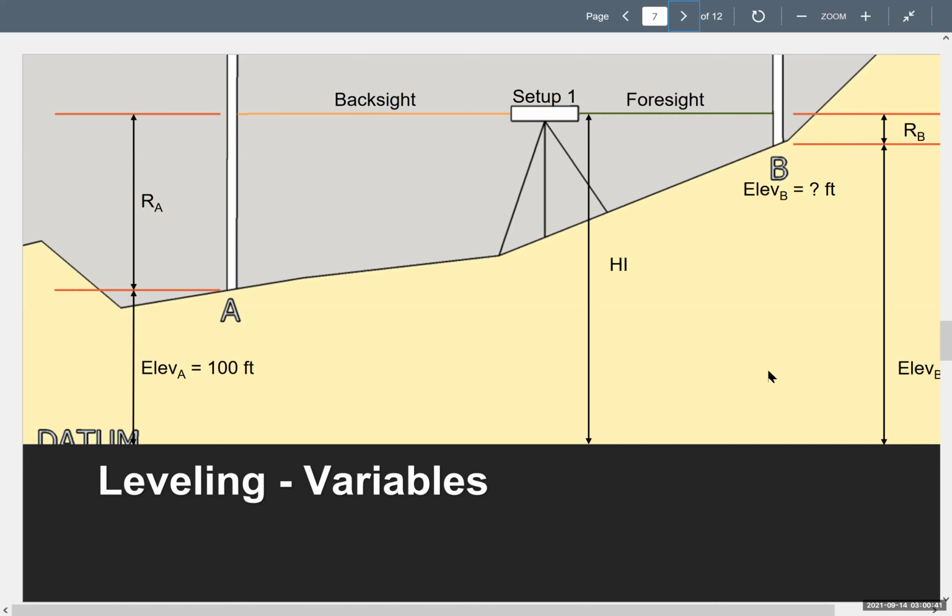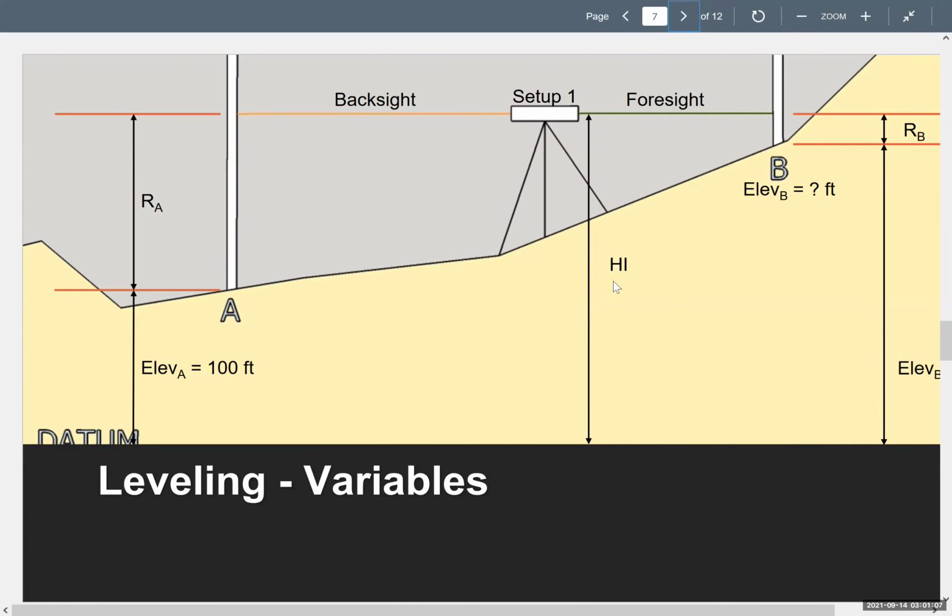So we know the elevation of A. We take the rod reading at A, which is a back sight, and we add those two numbers together. When we add those two numbers together, we get what's referred to as an HI, height of instrument. Now, think of that term, height of instrument. Doesn't that really mean the height of the instrument, like the height of me?